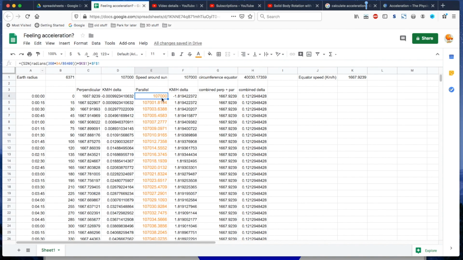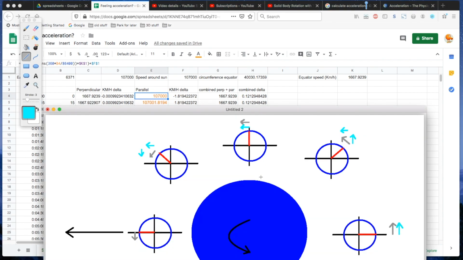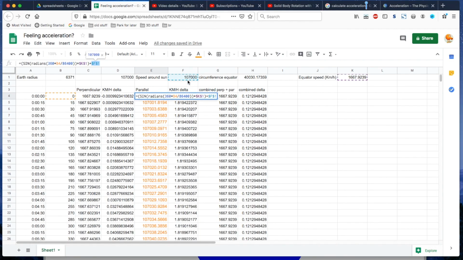For my parallel speed, which is in this direction, I add to the speed going around the sun the sine of this, which is a very similar equation to this one. The only difference between these two is that this is cosine, this is sine, and for this one, I add my speed around the sun.